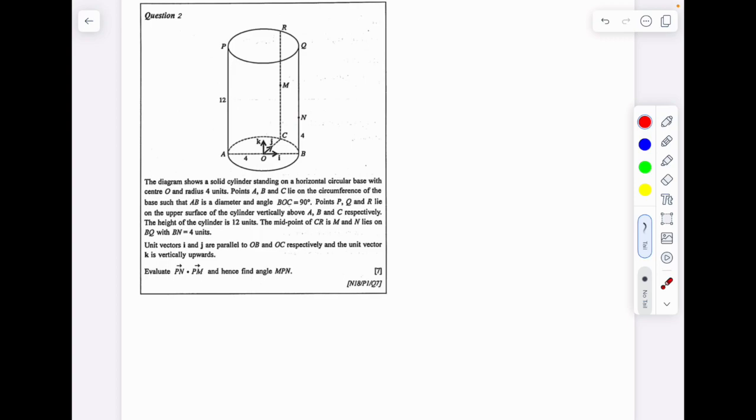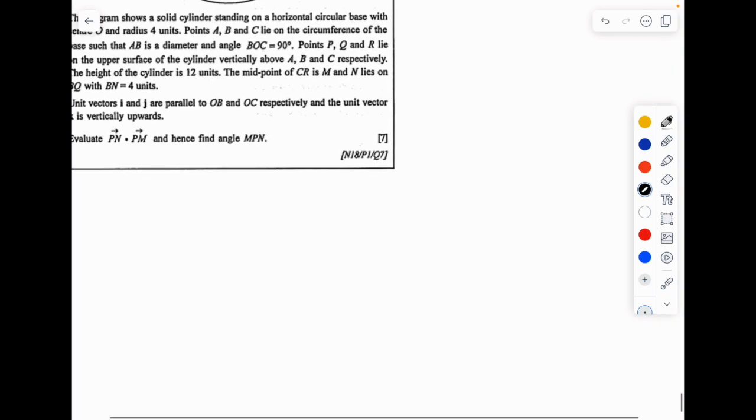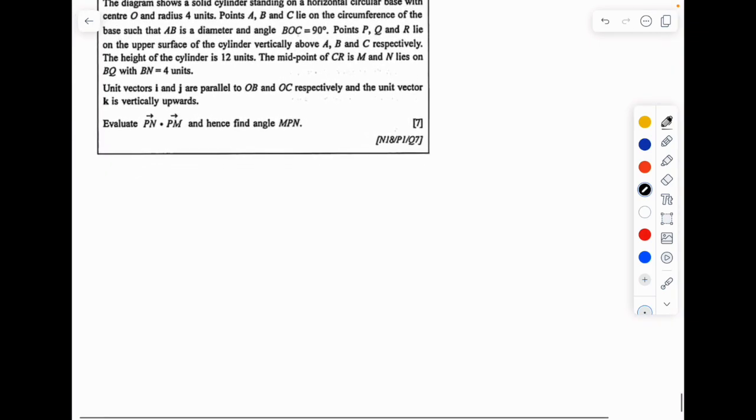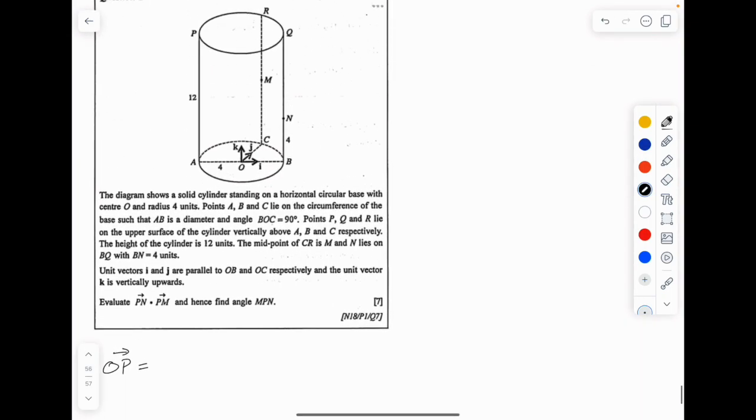Well, we need to find this out. So how do we start? The way we start is to say, all right, OP. What is OP going to equal? And why am I trying to find OP? Because I'm trying to get the vectors necessary to get to this point.